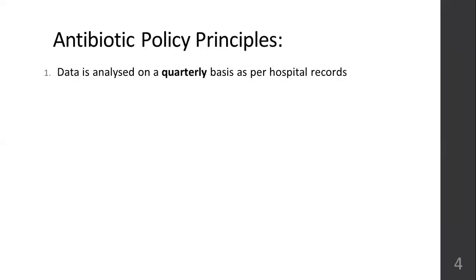So coming to the antibiotic policies and principles, data is analyzed on a quarterly basis as per hospital records. Every 4 months, data is analyzed on what are the common bacteria that are causing infections, which are the common sites of infection, and which age group is most commonly affected in the hospital.